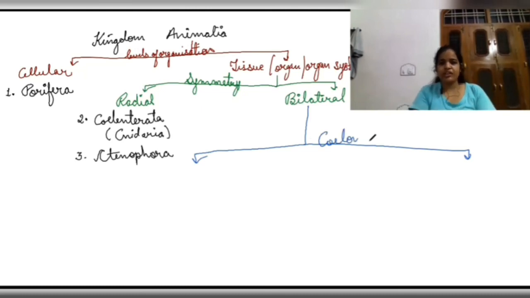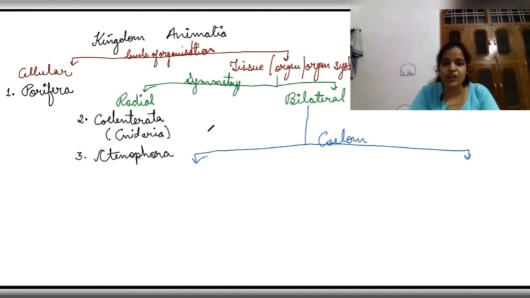So guys, did you notice one point? I didn't tell about diploblastic and triploblastic. Reason: we talk about coelom only in the case of triploblastic organisms. We do not talk about coelom in the diploblastic organisms. Clear?